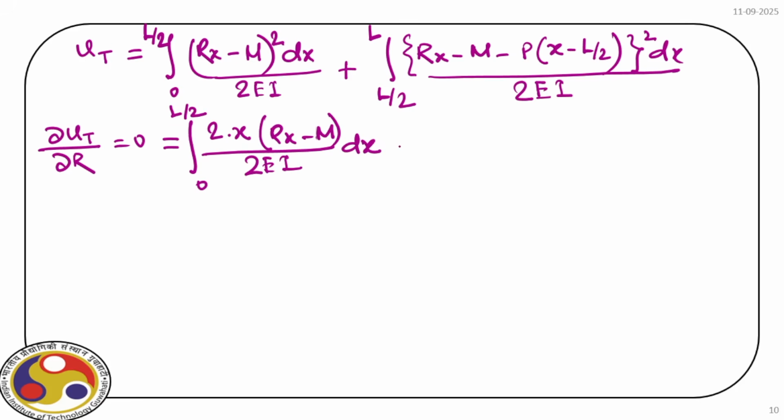Okay. Now the second part will be L by 2 to L. Then first the second bracketed term.